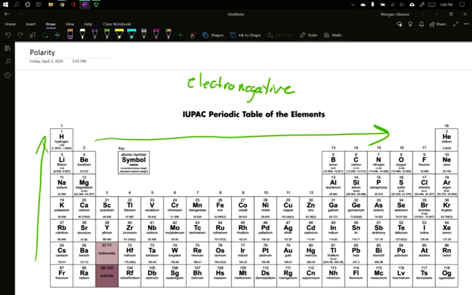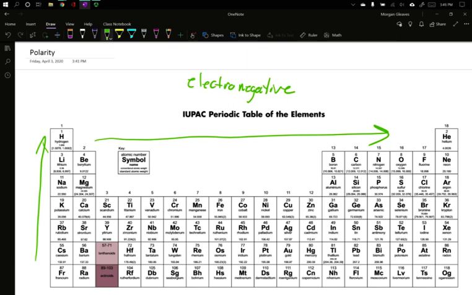What this means is that you are able to steal, or at least are attracted to electrons more. And so the fluorine atom is more attracted to electrons than the oxygen, which is more attracted than the nitrogen, which is more than the carbon. And same going down. Fluorine is more attracted to electrons than the chlorine. The chlorine is more than the bromine, and the bromine is more than the iodine.